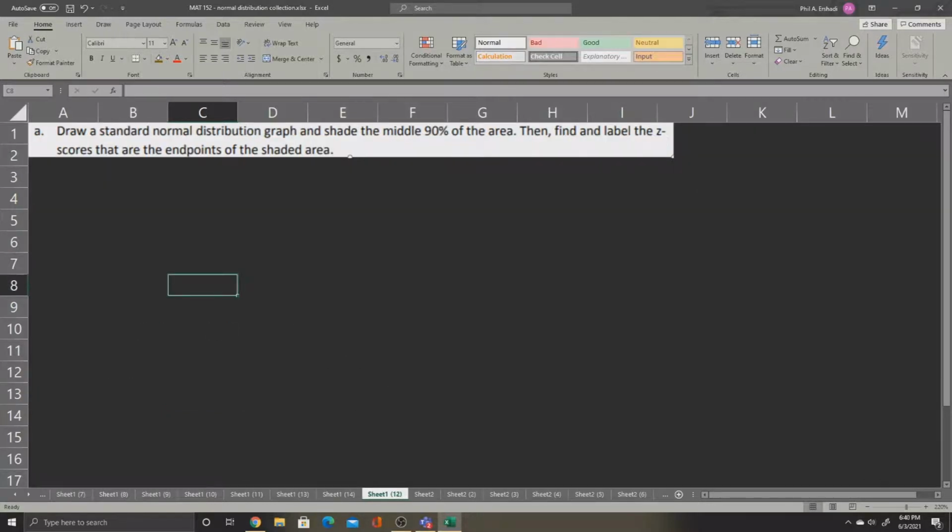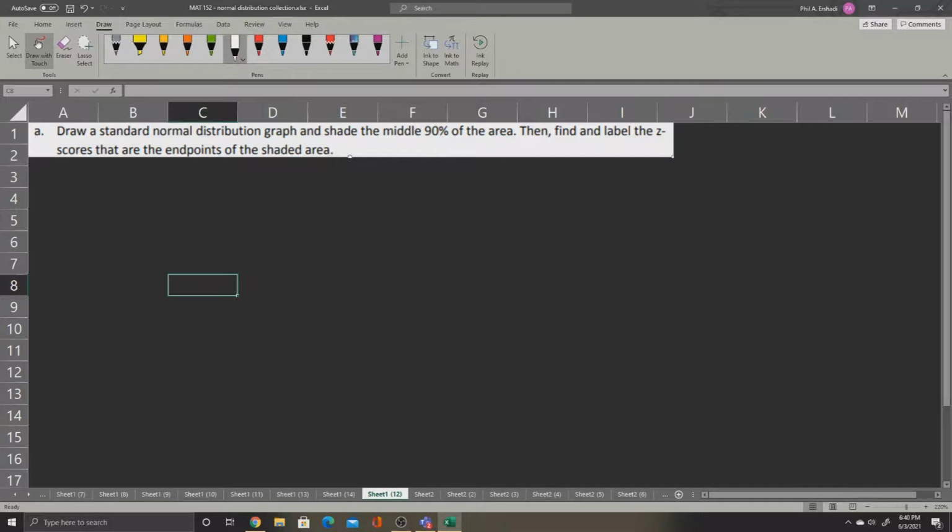This question is different from the others in that it asks us to now draw a picture and shade the middle 90%. Once again, let's find our graph and draw the bell curve. Now we want the middle 90% of that area that we want to mark off. Now, the graph in and of itself is 100%.